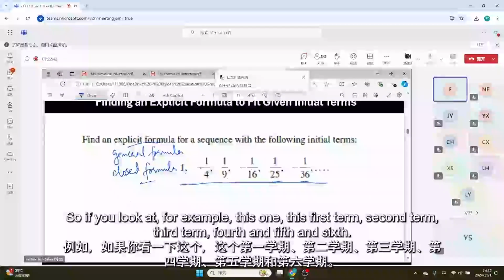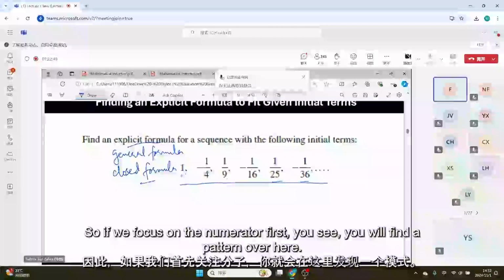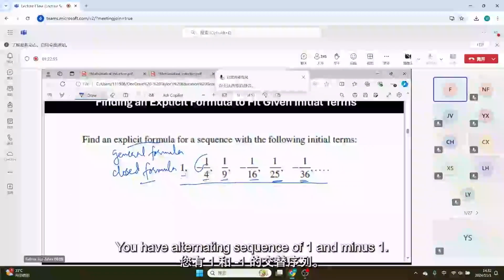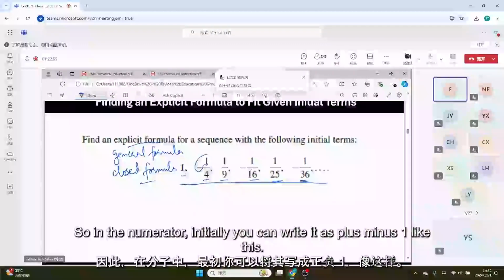So if you look at, for example, this first term, second term, third term, fourth, fifth and sixth, and focus on the numerator first, you will find a pattern. You have an alternating sequence of 1 and -1. So in the numerator, initially you can write it as plus -1 like this.